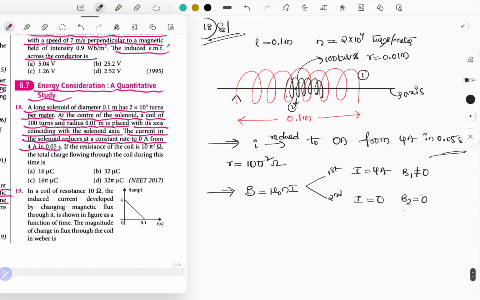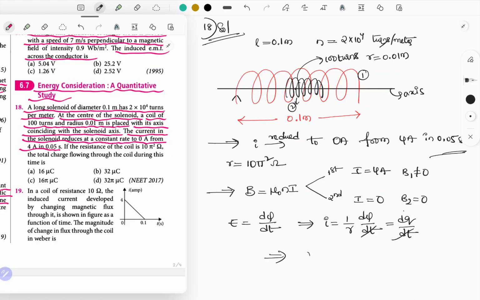Then what's the formula for induced EMF? Induced EMF is equal to d phi by dt. We can replace this EMF. Let me find out current. Current I is equal to 1 by R into d phi by dt, right? And this current is replaced with the charge, dQ by dt. This dt will get cancelled out.